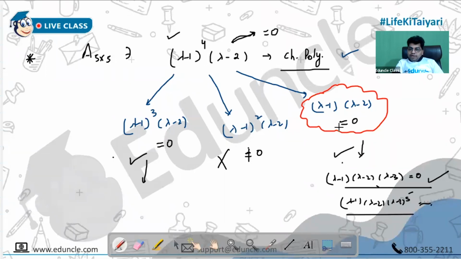If you have a minimal polynomial, lambda minus 1, lambda minus 2, and you multiply anything into the minimal polynomial, whatever factor, that is called annihilating.